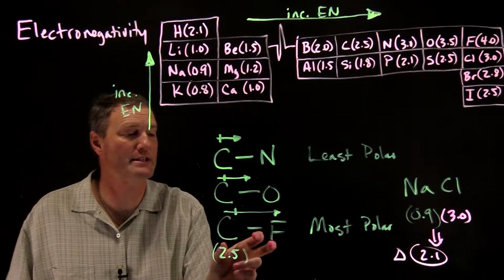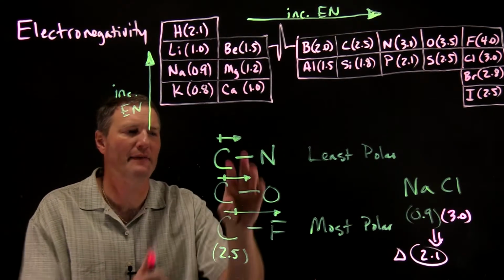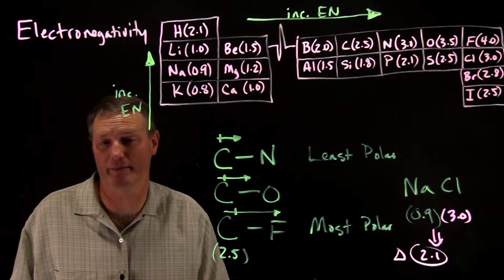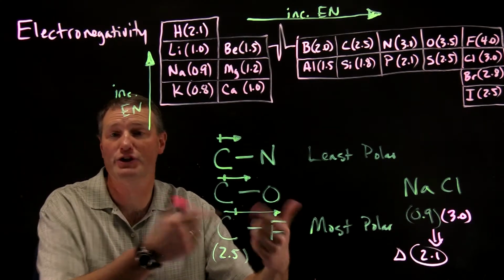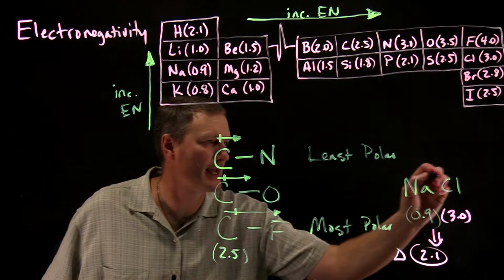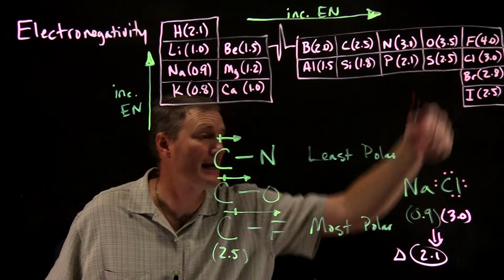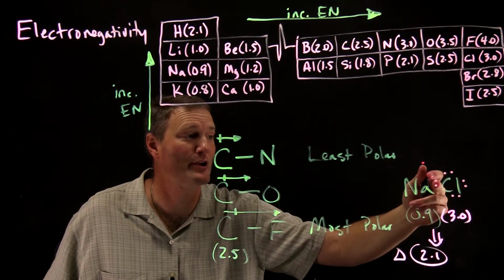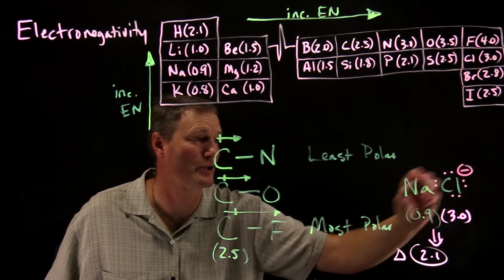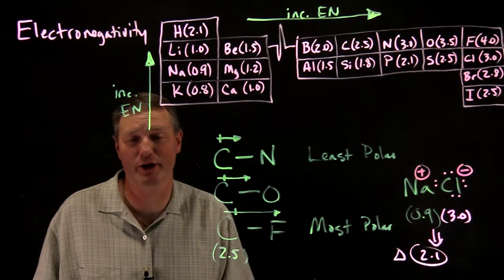Whereas if the difference is less than 1.7 to 1.8, that's generally considered a covalent bond, or a completely shared pair of electrons. In a salt, the chlorine, which normally has 7 electrons, actually pulls an electron away from sodium and has a negative charge, and the sodium is positive. That's a fully ionic or salt bond.